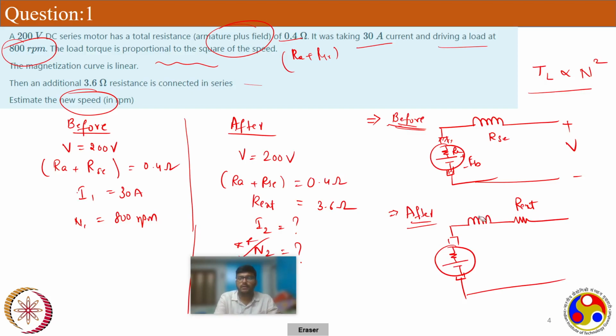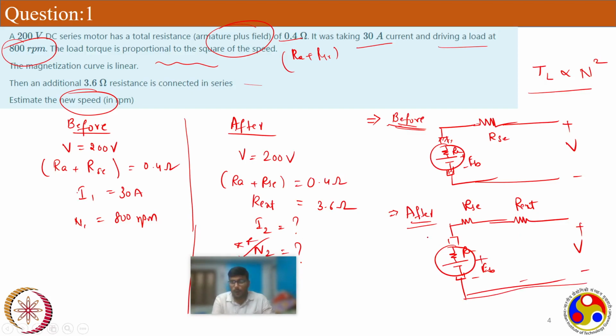It's better if I write it in terms of resistance only to avoid any confusion. Okay, RSE, RA, plus minus EB, and this terminal voltage will remain the same. So this external resistance is there. Now let's calculate this back EMF in both cases.